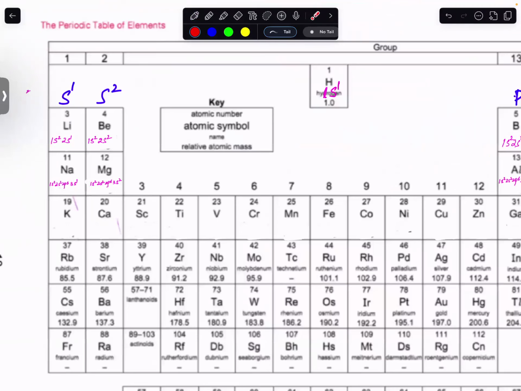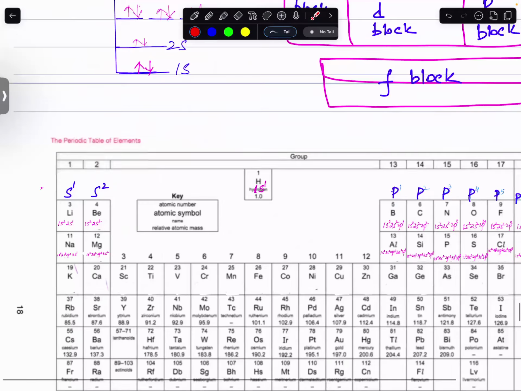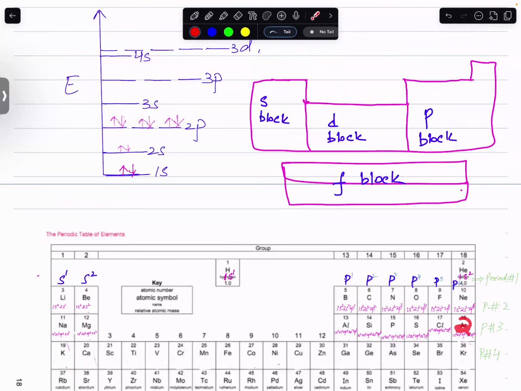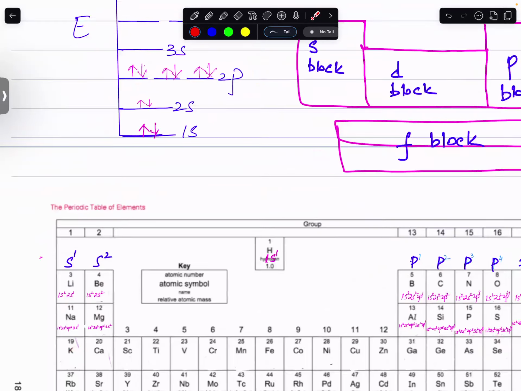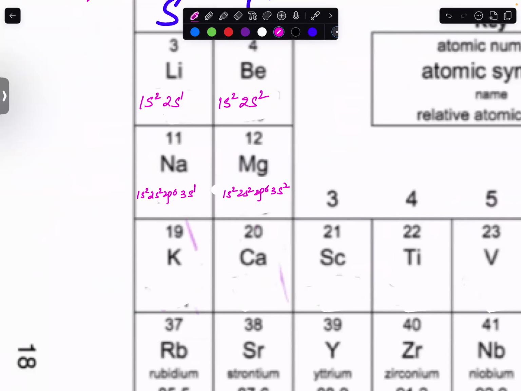So if there is 2s1, 3s1, there must be 4s1, 4s2, following the rules. This is 18, and this is 19. 18 is 2, 2, 2p6, 3s2, 3p6, and then 4s1. So in potassium, at the end, there is clear cut 4s1. And at the end of this, it's 4s2.